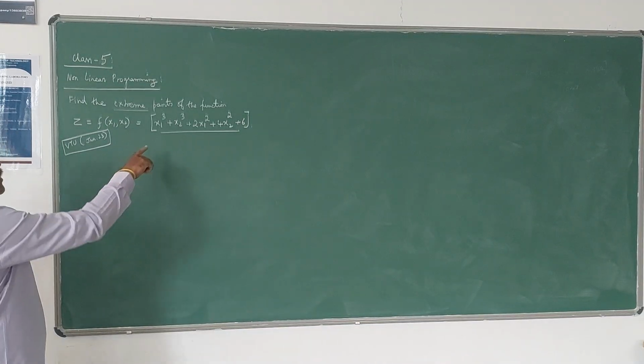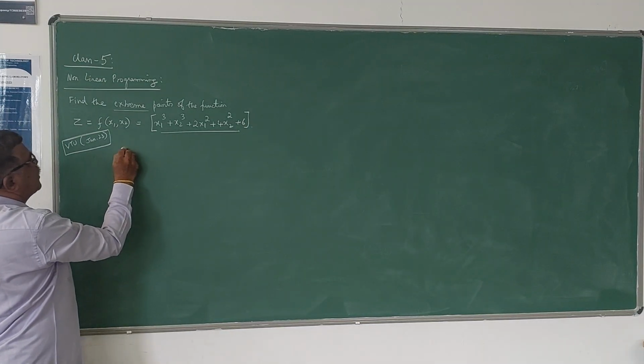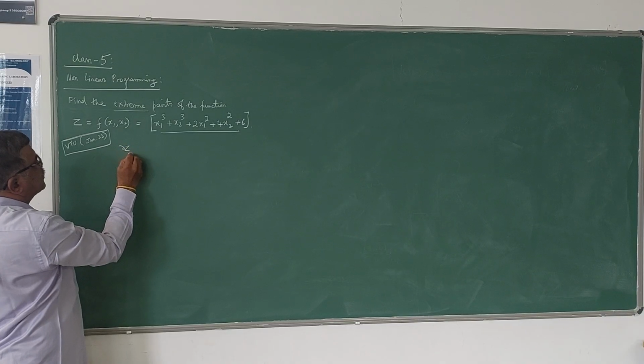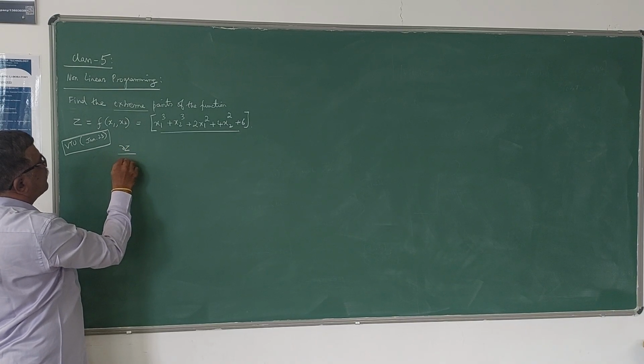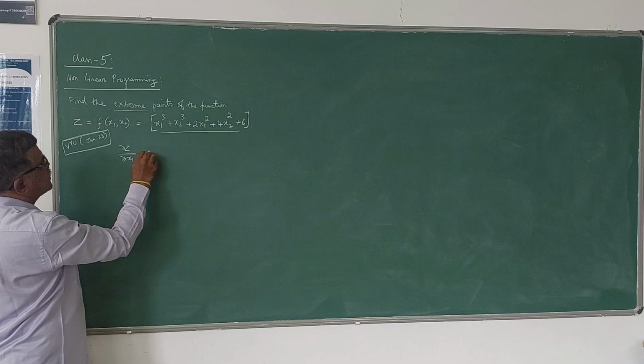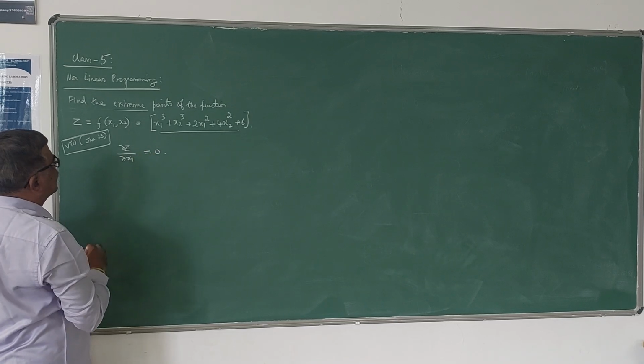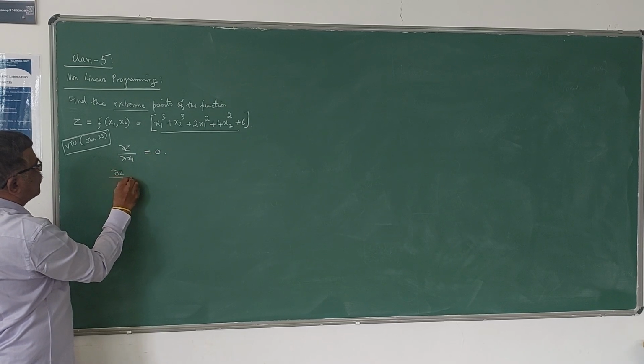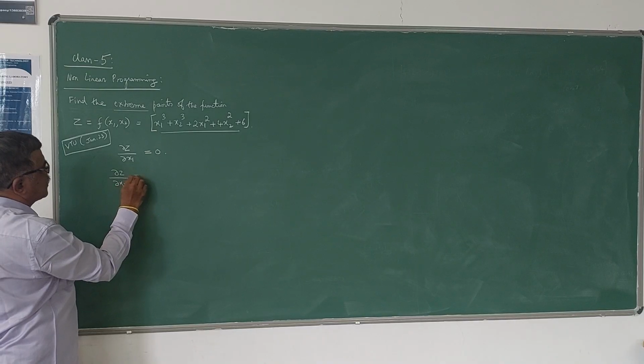Here, since it is a function of two variables, we have to take the partial derivative. Dou z by dou x1 is equal to 0. This is one condition. Dou z by dou x2 is equal to 0. This is the second condition.